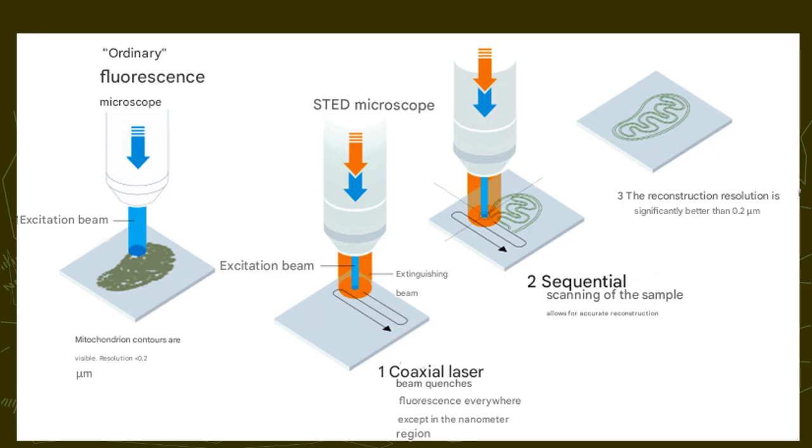In the case of a super-resolution microscope, we have a glow observed only in a narrow range, that is, about 20 nanometers, for example. And this glow is caused by a laser beam again, but all the other molecules do not glow, due to the fact that another laser beam suppresses this glow, that is, it is an extinguishing medium. And due to this we see the glow only in a very small range.